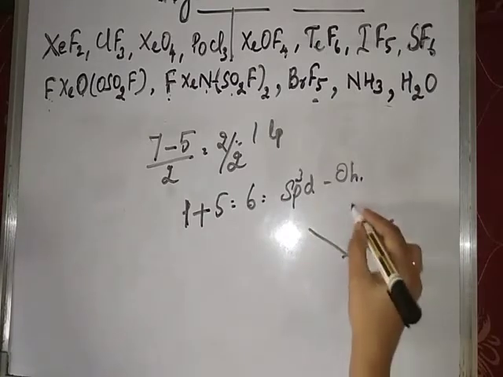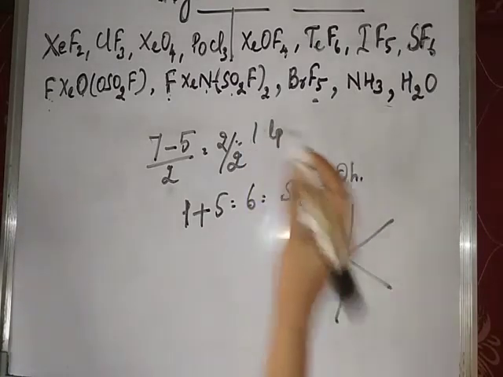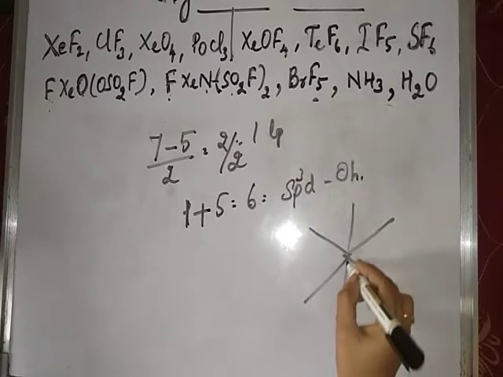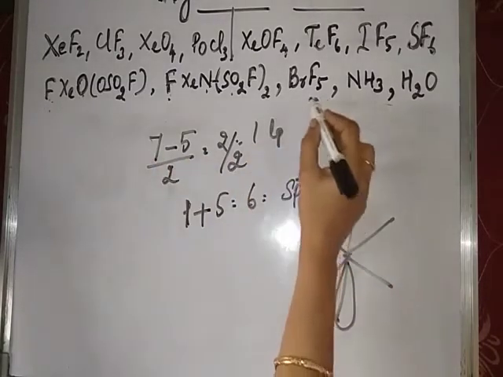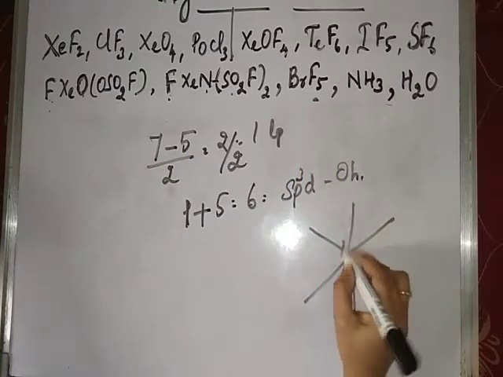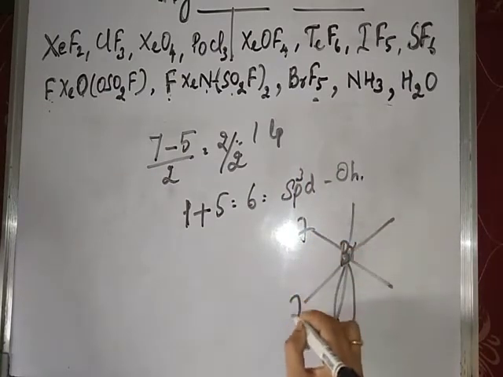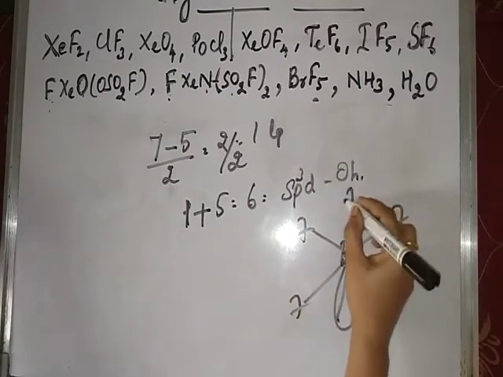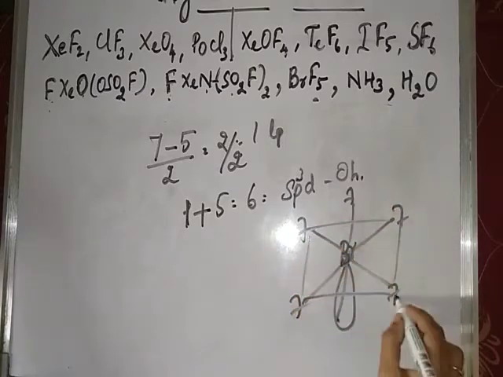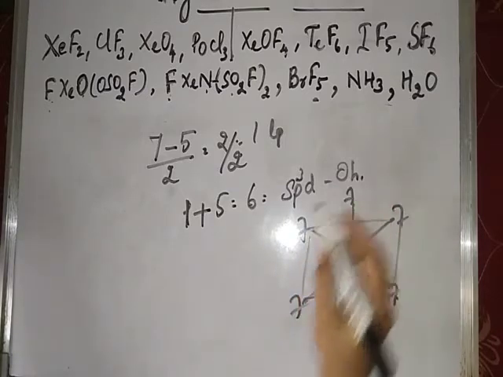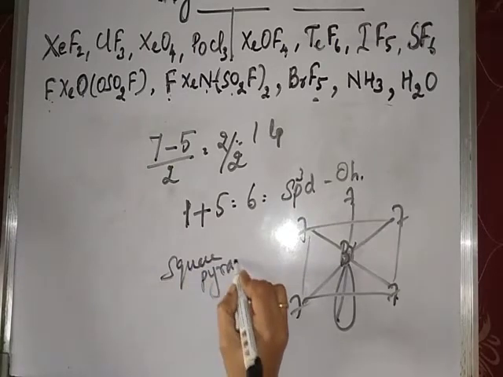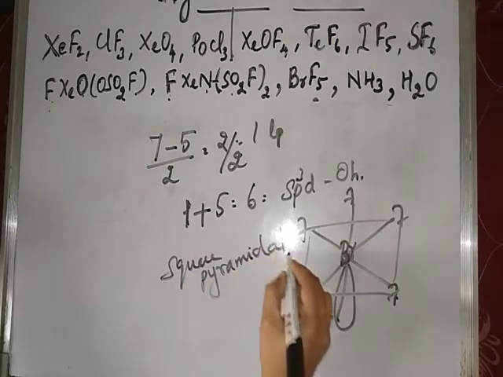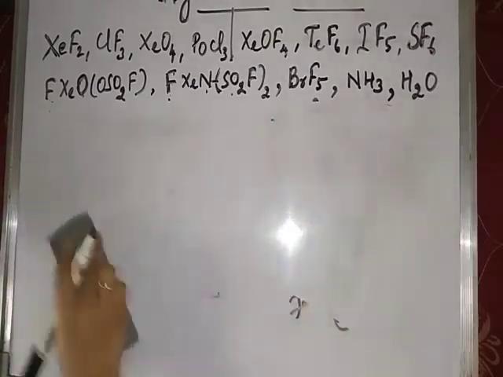Octahedral means the base structure is this. 1 lone pair of electrons is there, so we can take this as the lone pair, and the remaining 5 will be fluorine. This is the structure. What is the name of the structure? This is square pyramidal.